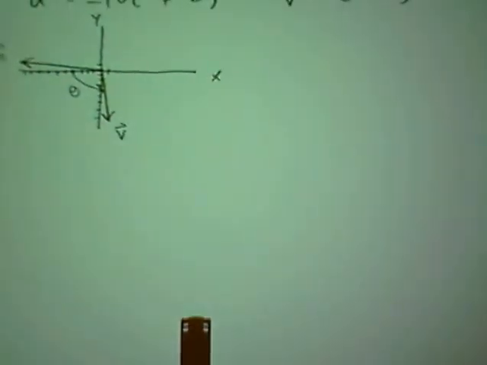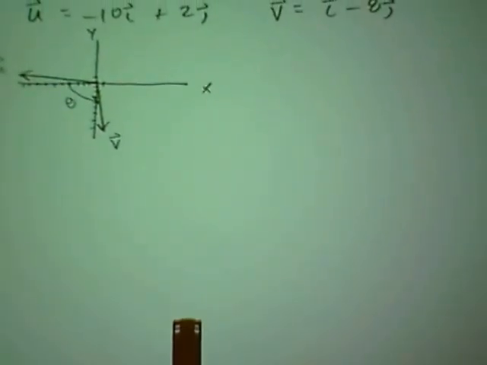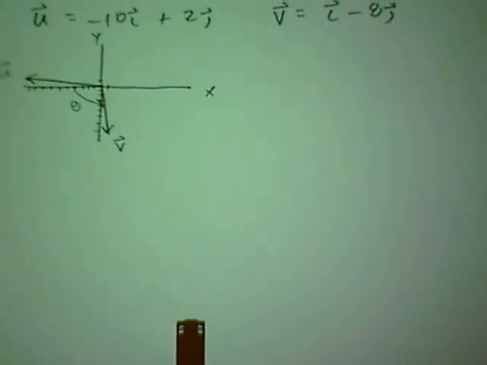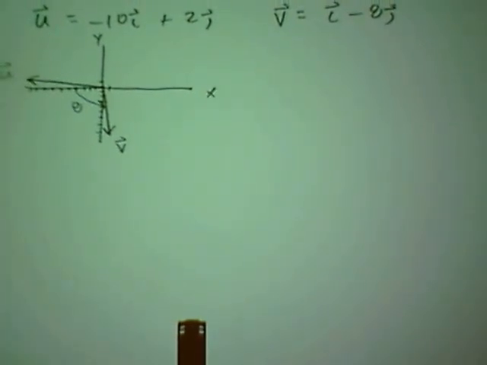So basically I'm trying to find the angle in between these vectors. And the nice thing is there's an actual formula, and this will be on the back of the test, and it's also on the back of the study guide.